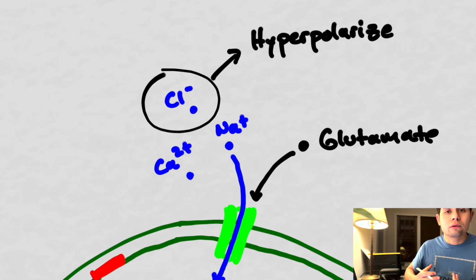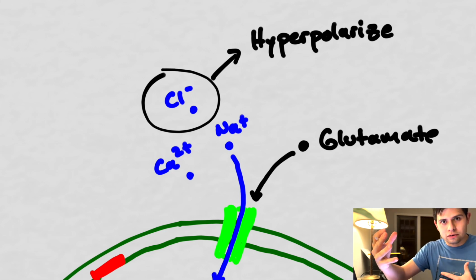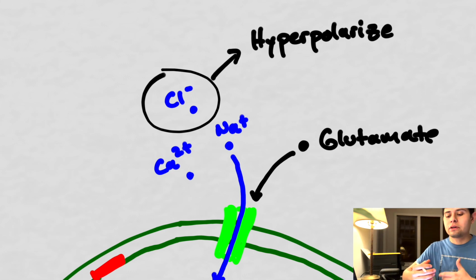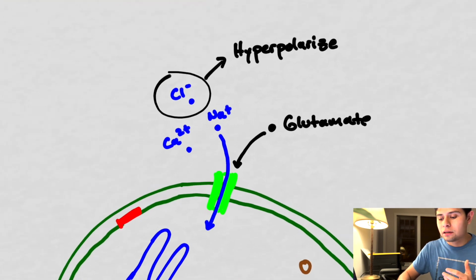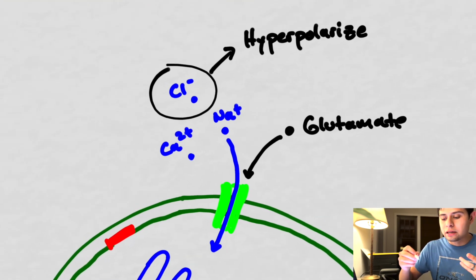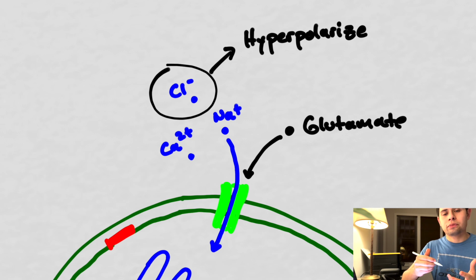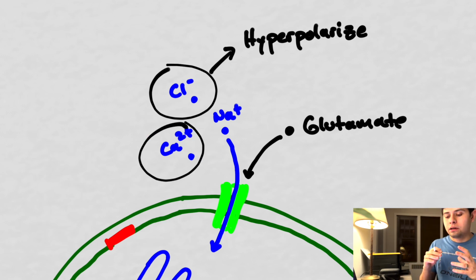When you are depolarizing, you're making the cell more like the outside surroundings. When you're hyperpolarizing, you're polarizing the cell further from the outside surroundings. And so the idea is that chloride, things that have a negative charge, will make cells more negative, thus making them hyperpolarized. If you have calcium, for example, calcium is a very depolarizing agent.